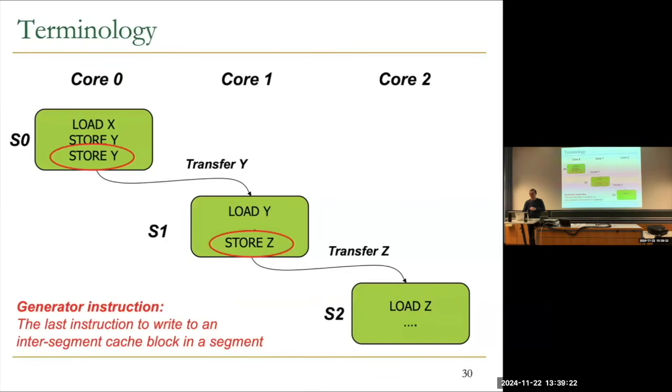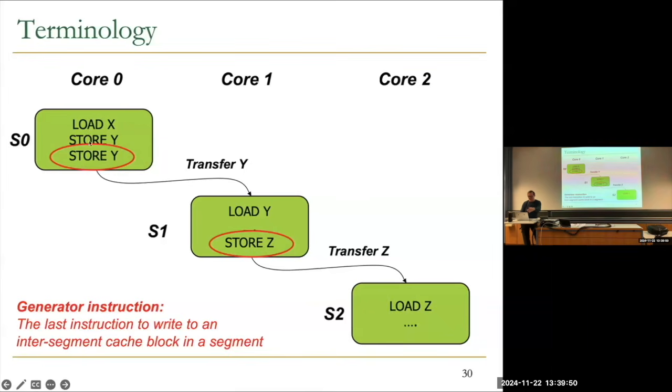Yes. And S2 requires that A. Mm-hmm. A is not the last instruction that S1 executes. So that's fine. Basically, the definition of the generator instruction is the last instruction to write to a particular cache block, not the last instruction to execute.